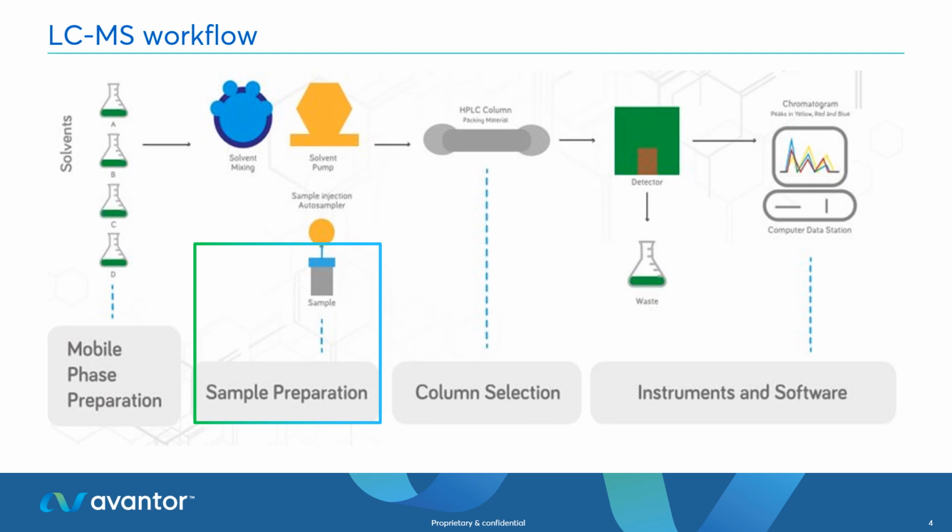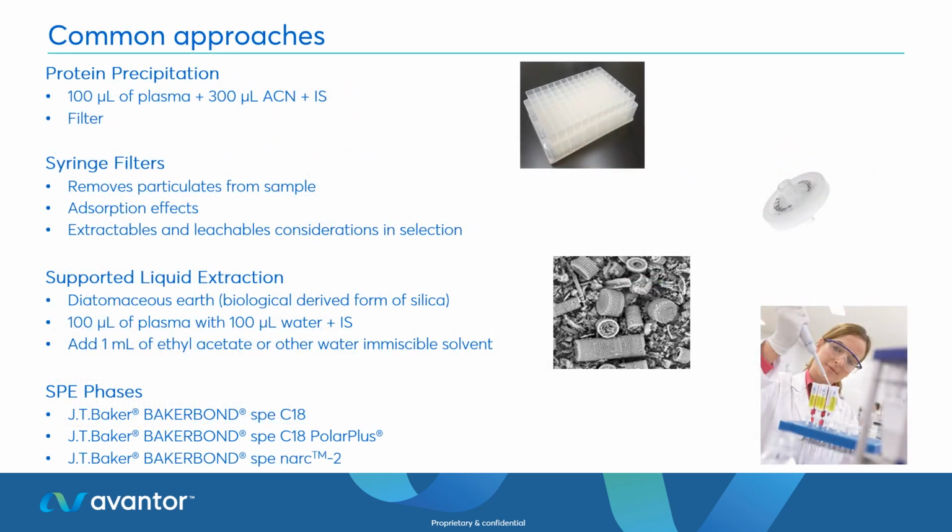In order to apply samples that will be compatible with this format, it is necessary on a lot of occasions to do some form of sample preparation, and the box here shows how sample preparation fits into that nice little LCMS workflow. If we're looking at the analysis of a bioanalytical sample, then there are a variety of different common approaches that can be employed. Probably the most common is protein precipitation.